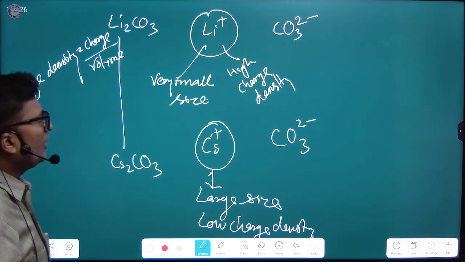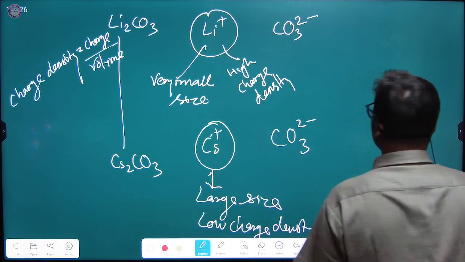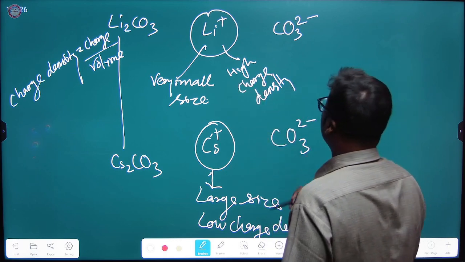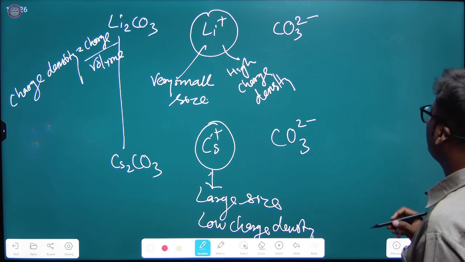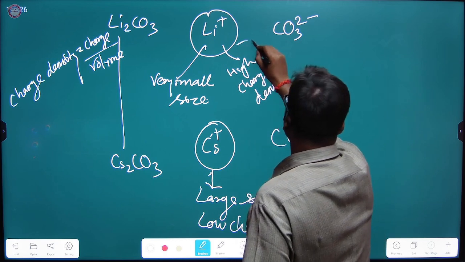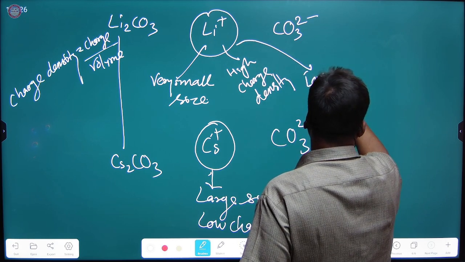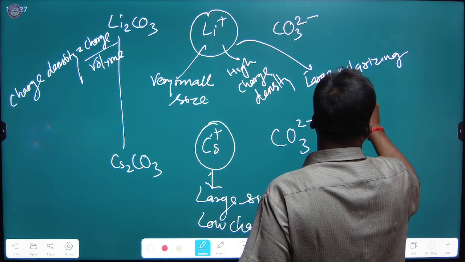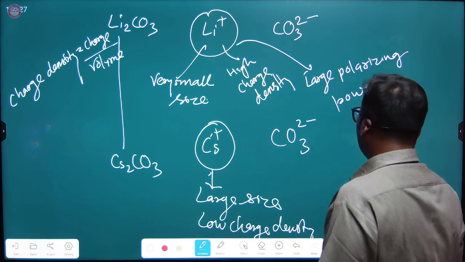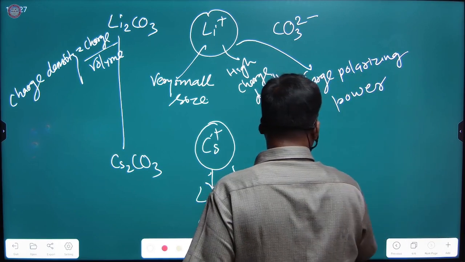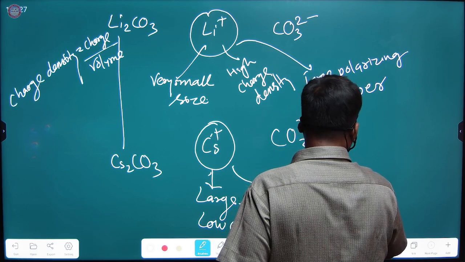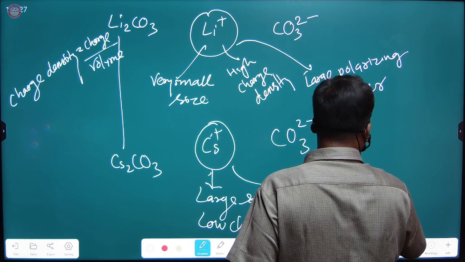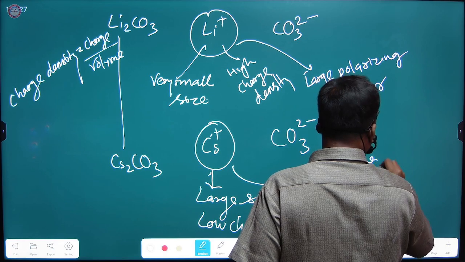So, according to Fajan's rule, if the cation is very small in size and has a very high charge density, then it has high polarizing power. So, it has large polarizing power. Okay. So cesium plus has poor, that is weak, polarizing power.